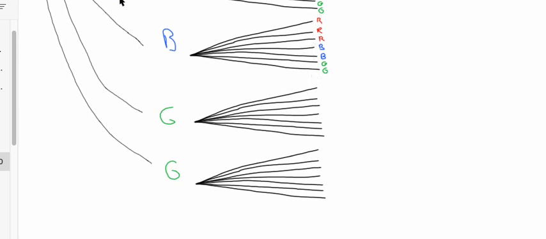Finally, when it came to the greens, we'd have all our reds still in the bin and all our blues still in the bin. But there would only be 1 green at the end. And that is the complete tree for this situation.